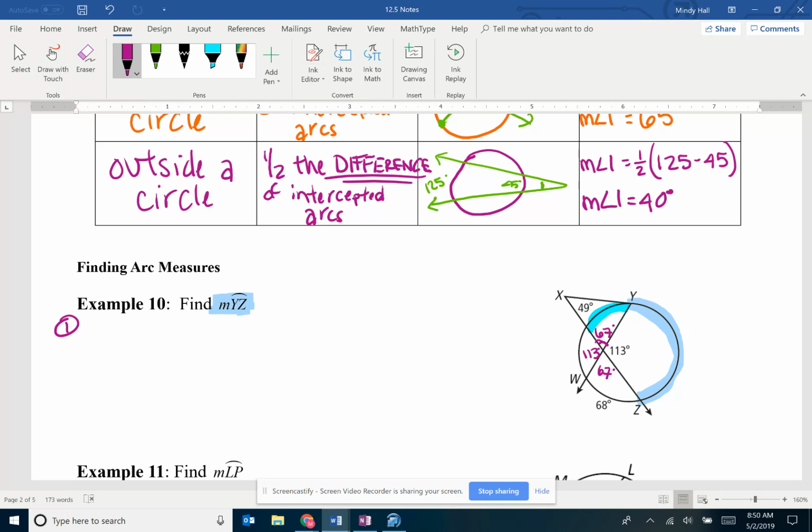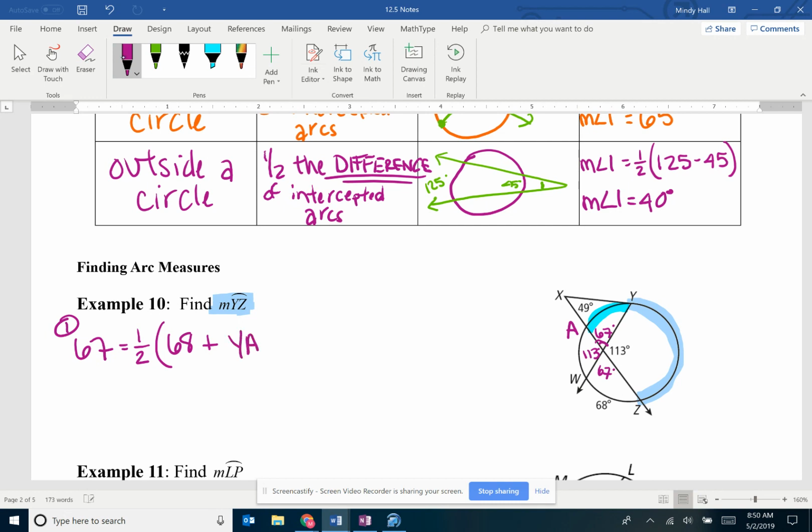So since I know that, I can figure out what my bright blue highlighter is because I have the angle and I have one of the arcs. So I know that my angle is 67, and because it's inside, it is going to be the sum of the arcs. So I'm going to have 68 degrees from arc WZ plus arc, and I'm going to just give it a letter so I can actually refer to it.